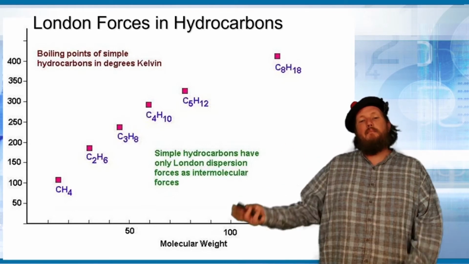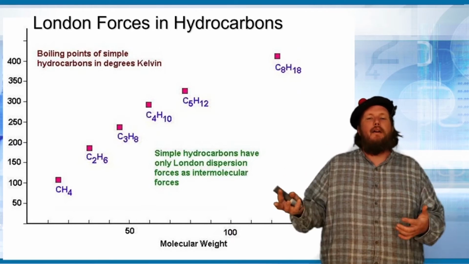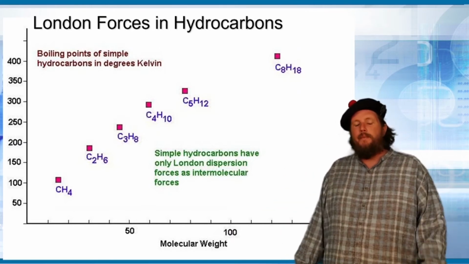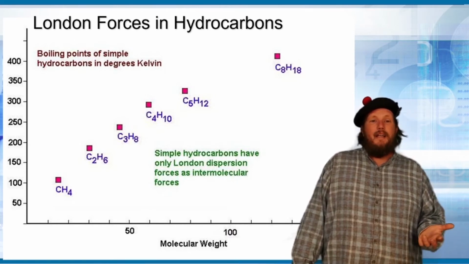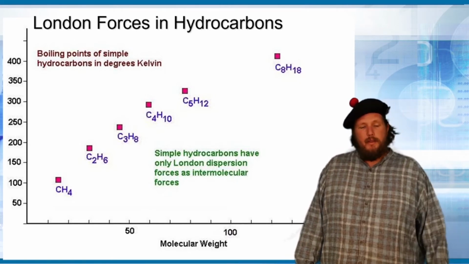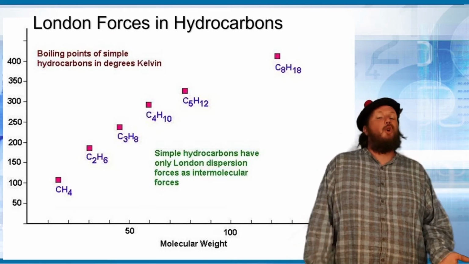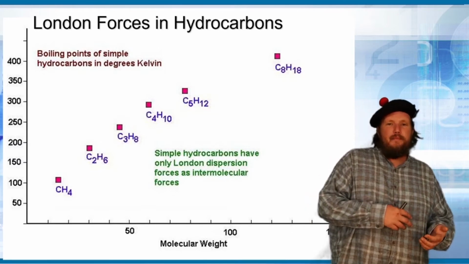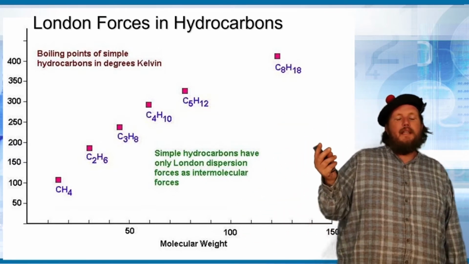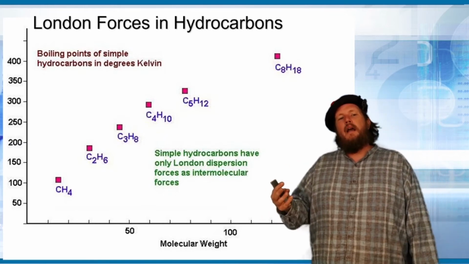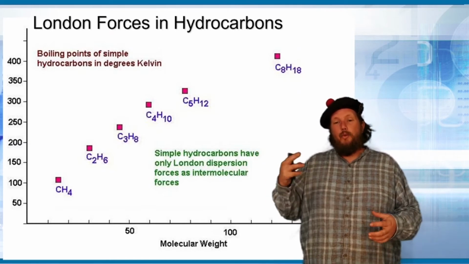So as they get bigger, you get higher and higher boiling points because of the higher and higher London dispersion force interactions. Methane, you'll notice, is down around 100 Kelvin, well below the freezing point of water, well below what you would think of as cold, all the way up to C8H18, which has a boiling point of about 400 Kelvin. 273 is 0 Celsius, so you're looking at a relatively high temperature.